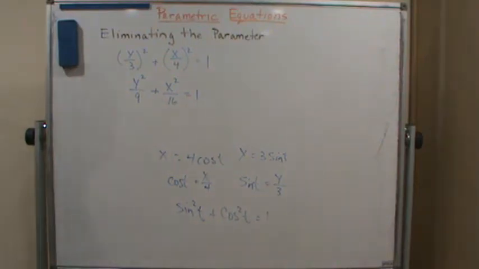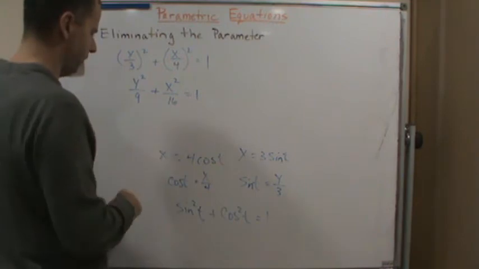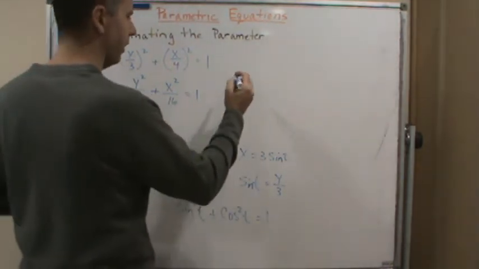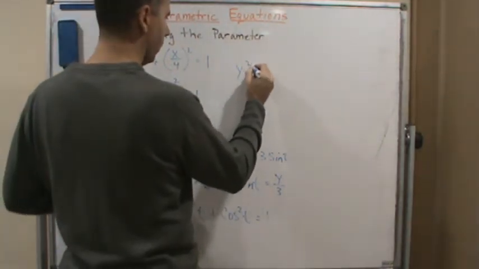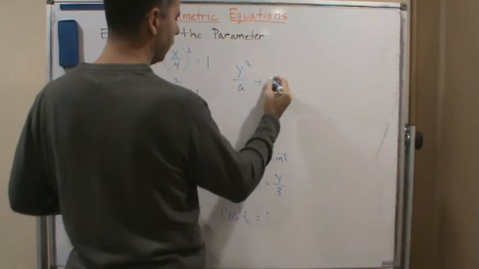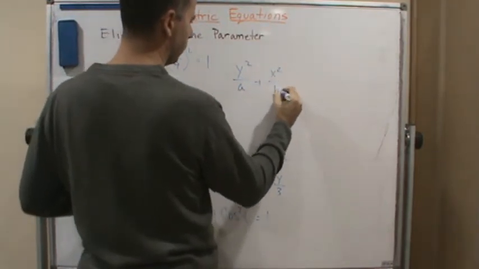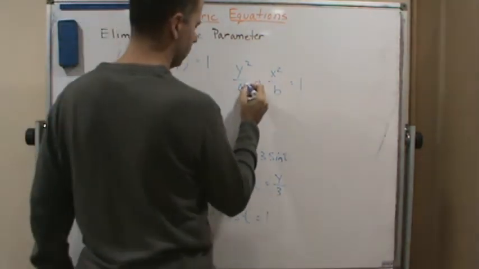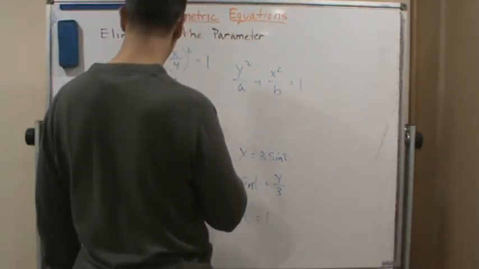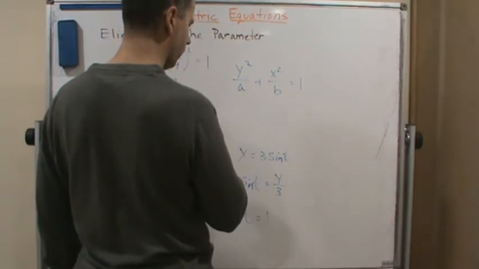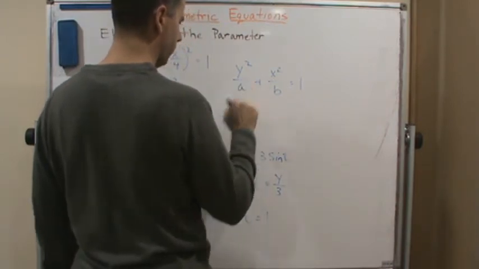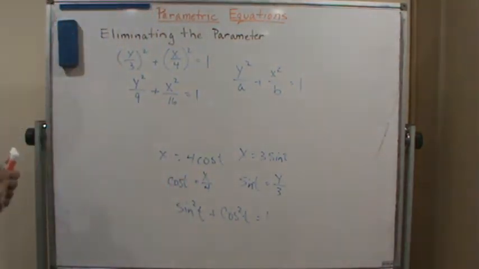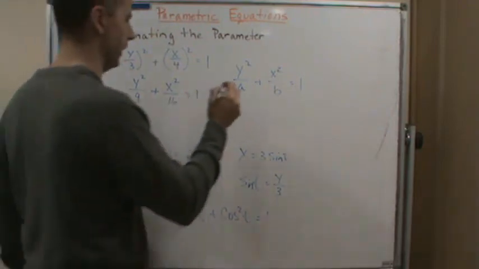So remember the A and B, right? So this is y squared over A plus x squared over B equals 1. Or excuse me, I'm sorry. This should be A squared.